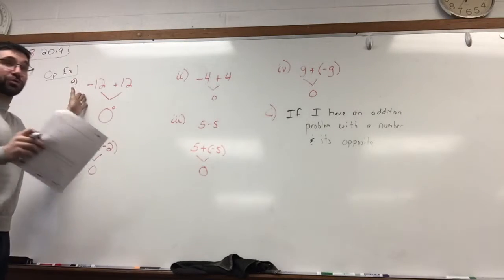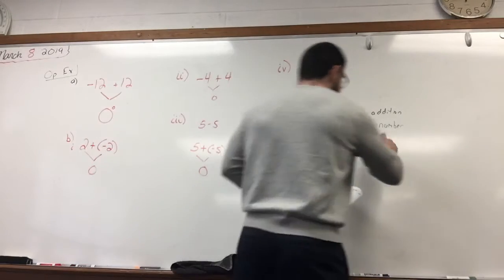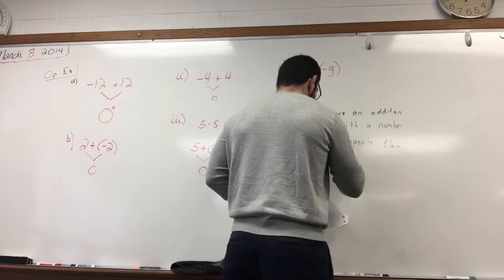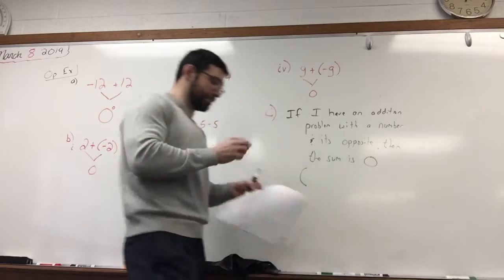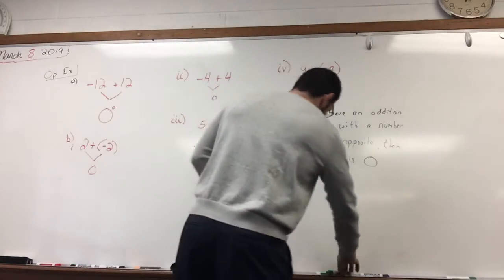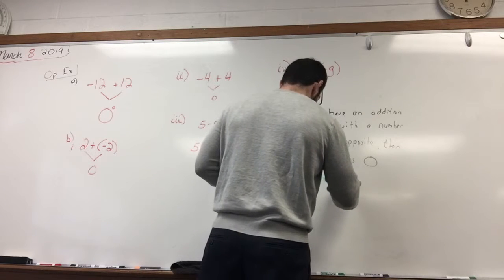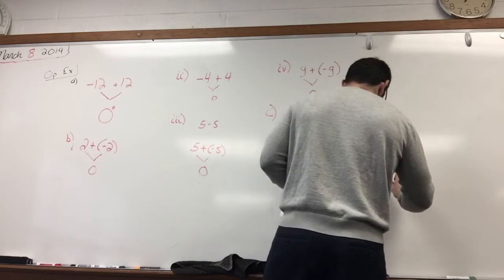If I have negative 12, its opposite is 12. A number and its opposite, then the sum is 0. And in parentheses, I'm going to put what property that is, because we've talked about this. It is the additive inverse property.